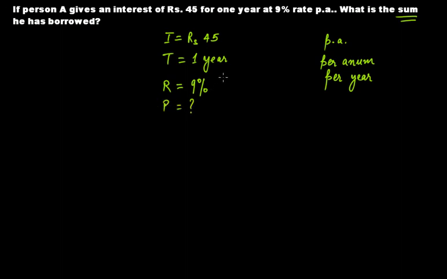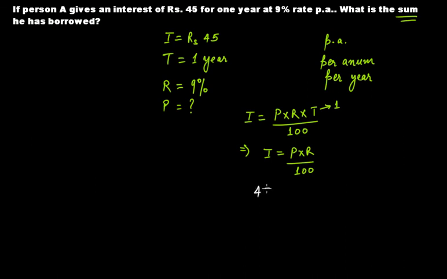Again, the same formula, that is interest is equal to P times R times T over 100. In this case, T is only 1 year. So this becomes I is equal to P times R over 100. Why? Because T is 1. Now you can put the values. What's the I? I is 45.